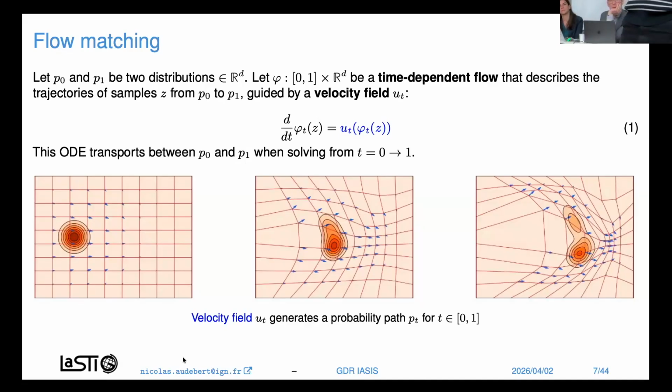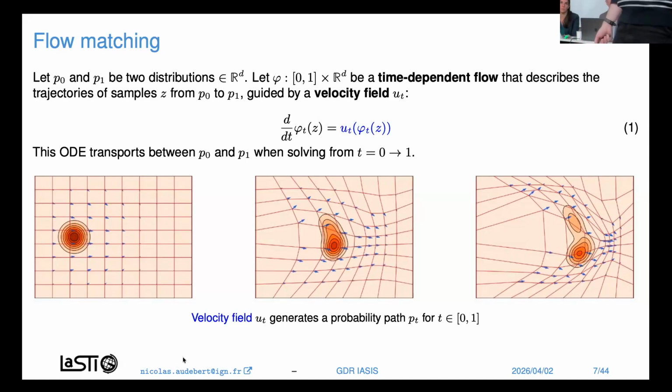So mathematically, this means that we have an operator that's the time-dependent flow, which maps a time between 0 and 1 and your data distribution from a distribution P0 to a distribution P1. And basically, you are saying that, okay, this transformation, if I take the derivative across time of that operator, phi, well, it's guided by a velocity that's ut, that depends on t.